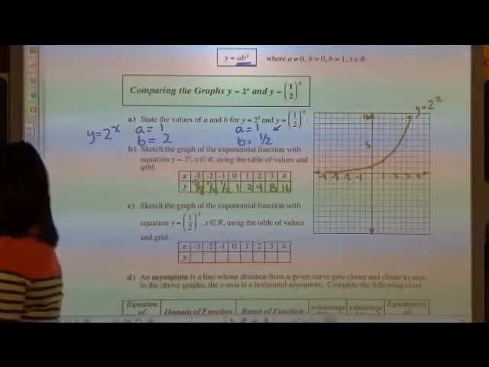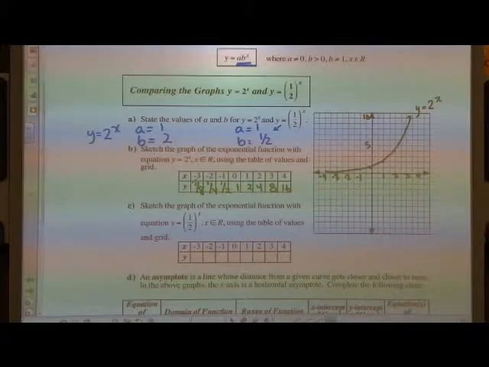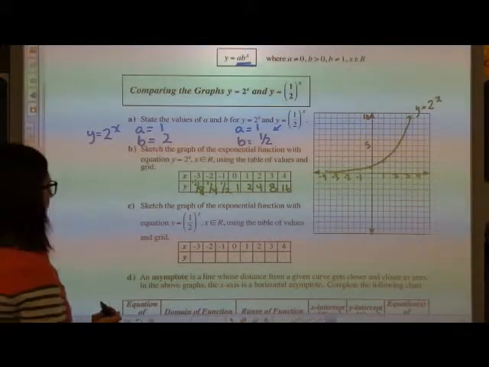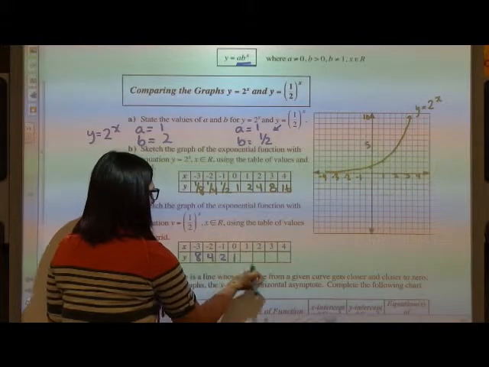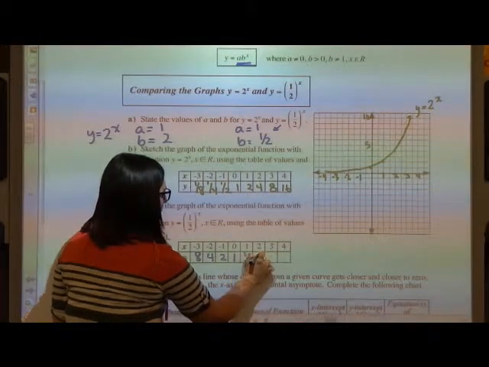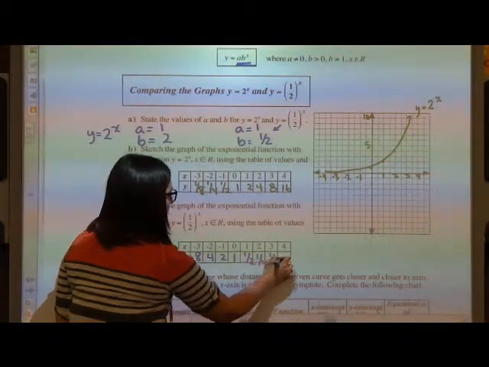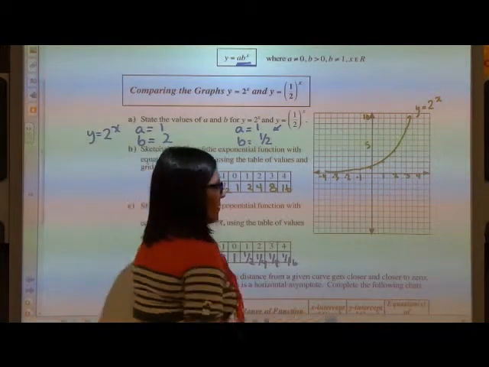So now if I've got my 1/2 to the power of x, and I look at my table of values, I get 8, 4, 2, 1, 1/2, 1/4, 1/8, and 1/16.